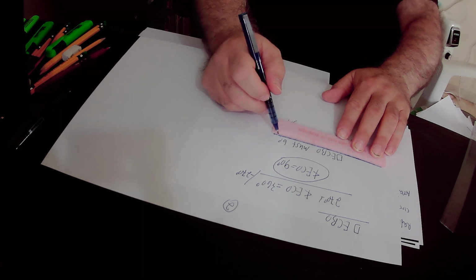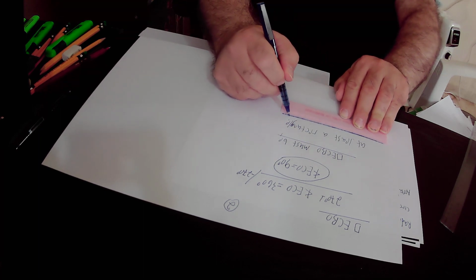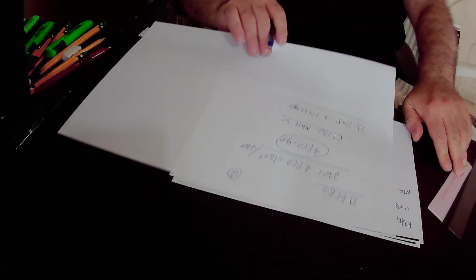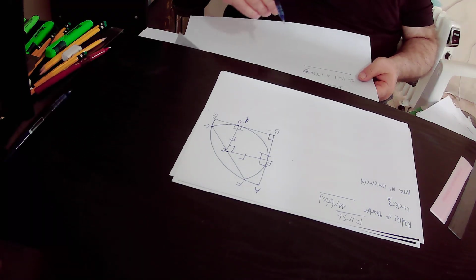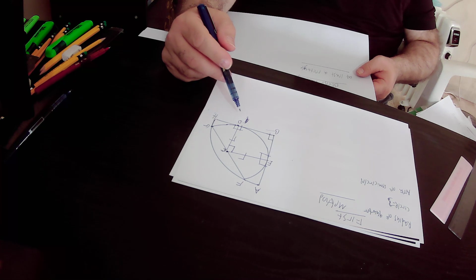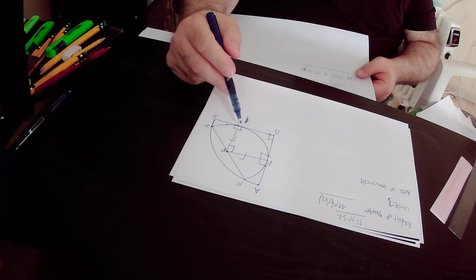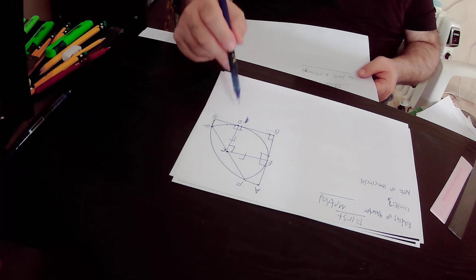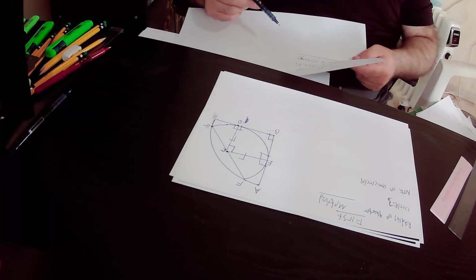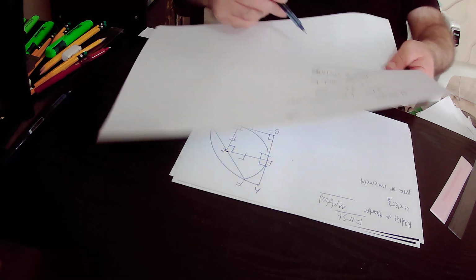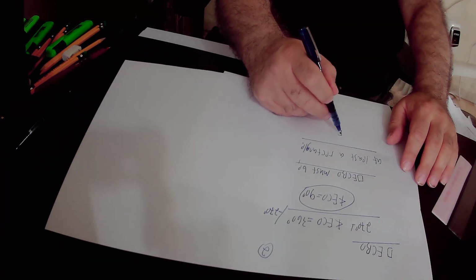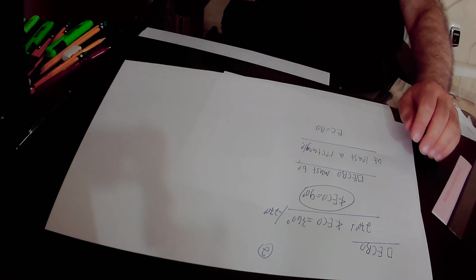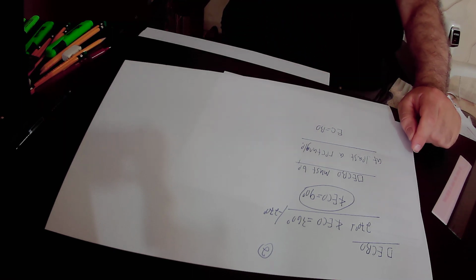Okay? And we also have the rule that the opposite sides of a rectangle are equal to each other. That is to say, in rectangle ECBO, EC equals BO, according to the rule that the opposite sides of a rectangle are equal to each other.